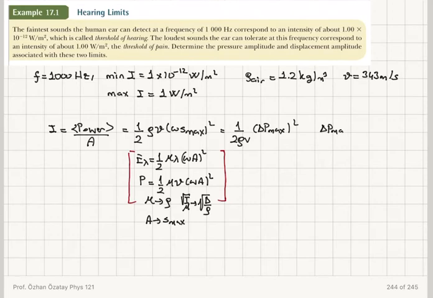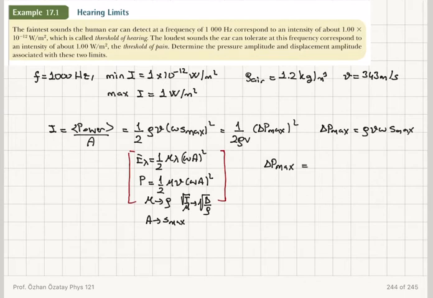The relationship between these two comes from the fact that delta P max is rho v omega S max. So I want to know the pressure amplitude and the displacement amplitude. The first thing I have to do is start with the pressure amplitude.